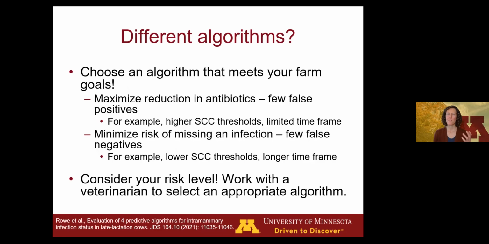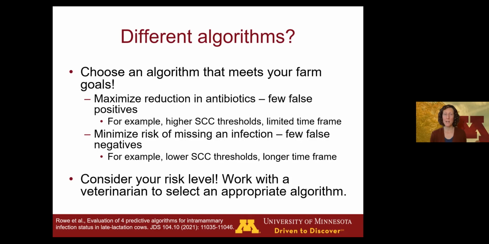So again, this, I think, is in part what makes selective dry cow therapy work right now, is that you can choose an algorithm that meets your farm goals. If your goal is to maximize the reduction in antibiotics, then you want an algorithm that has few false positives. We want to treat as few cows as possible. So for example, that might be an algorithm that has a higher somatic cell count threshold over a more limited time frame coming up to the dry cow period.